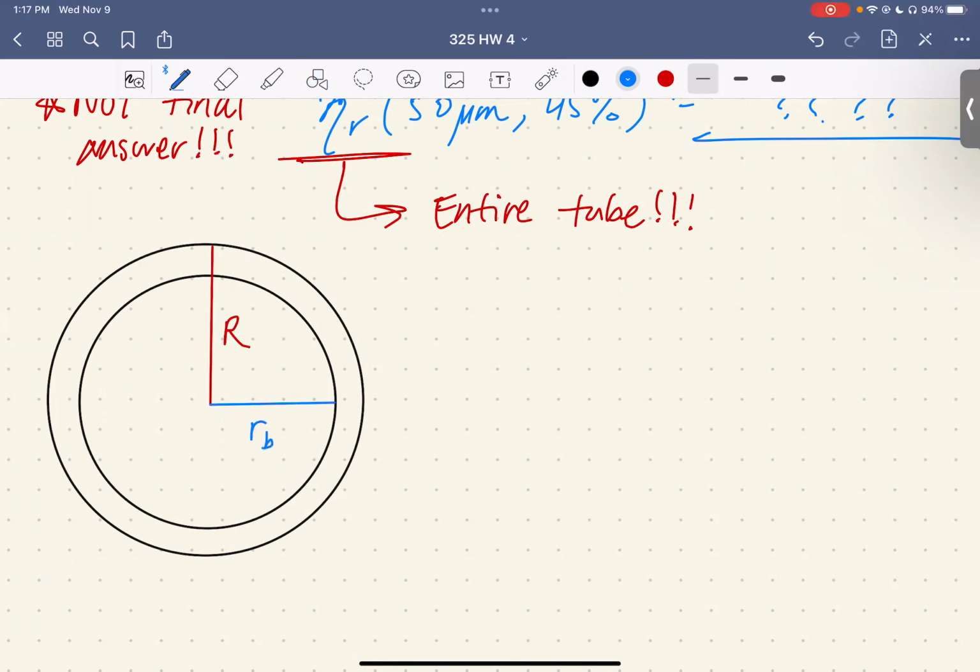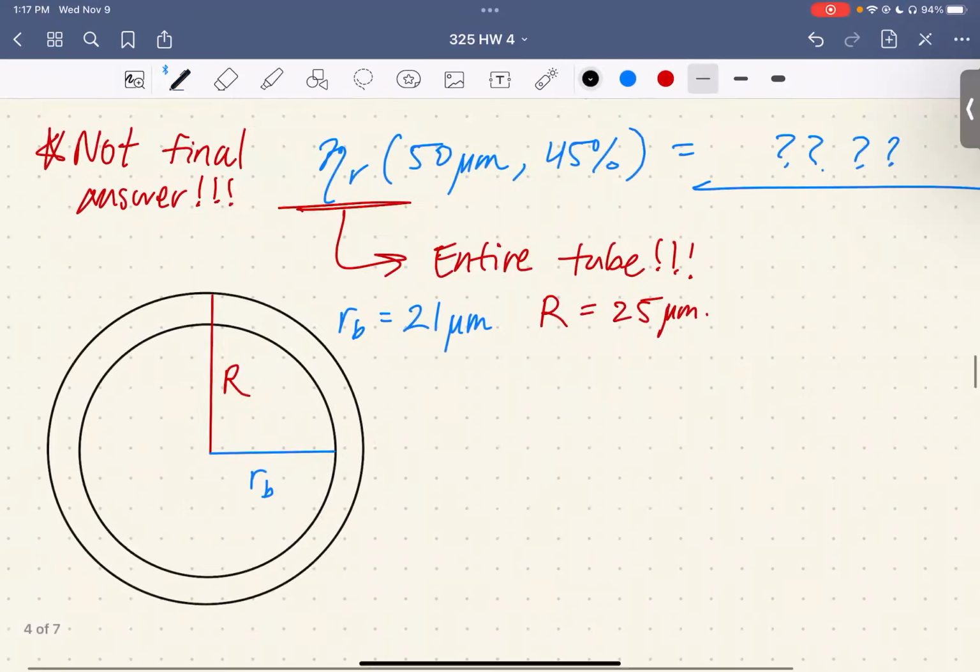So radius of the blood. And we know that this is 21 micrometers, and we know big R is 25 micrometers. Great. So essentially what we're going to do is relate the viscosities per their cross-sectional area.